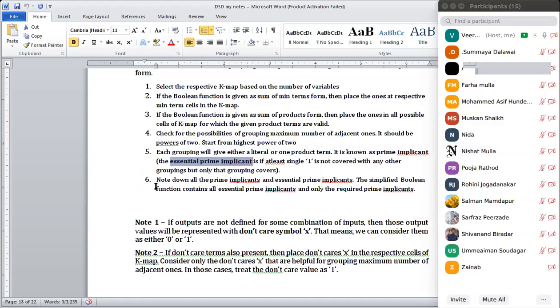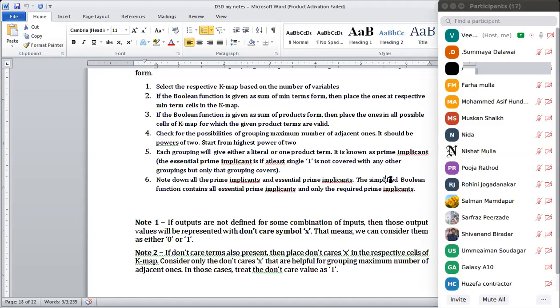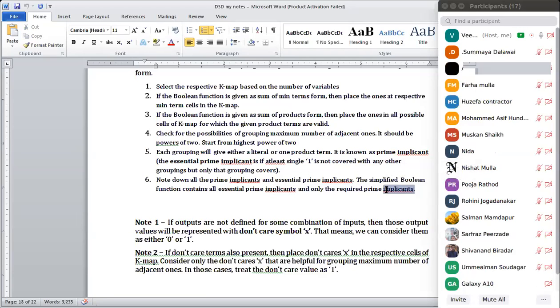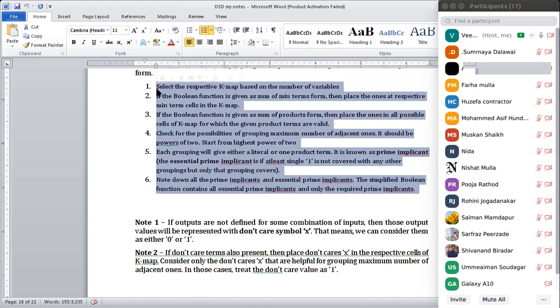Then note down all the prime implicants and also the essential prime implicants. The simplified Boolean function contains all essential prime implicants and only the required prime implicants. These are the steps. If we follow in a practical way, by taking some examples, you will understand it very clearly.